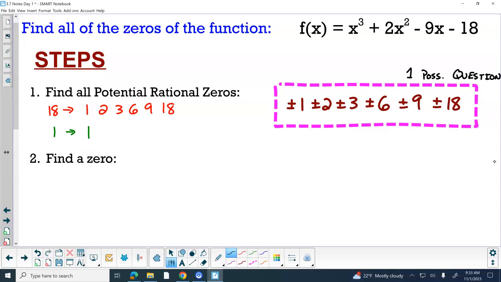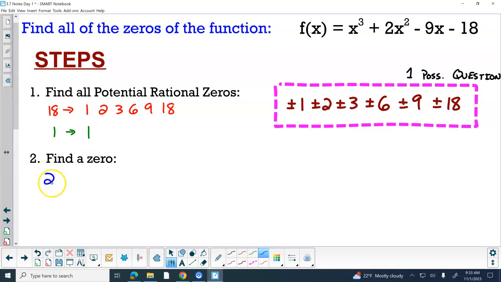We take one of the numbers and replace the x with that number, which is what I used to check my answer. Or what else could we do? We can do synthetic division. So we've got 12 possibilities. Pick a number. Any number. 2? 6? Okay, I've heard 2 first.